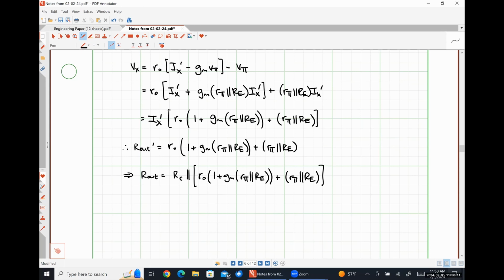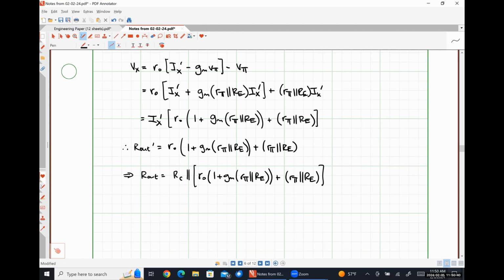This big guy on the right-hand side is r naught times a factor of 1 plus something. So that means this guy got larger, plus this portion over here. The r naught side of things got significantly larger because it's being multiplied by a factor of 1 plus some number that's going to be positive.